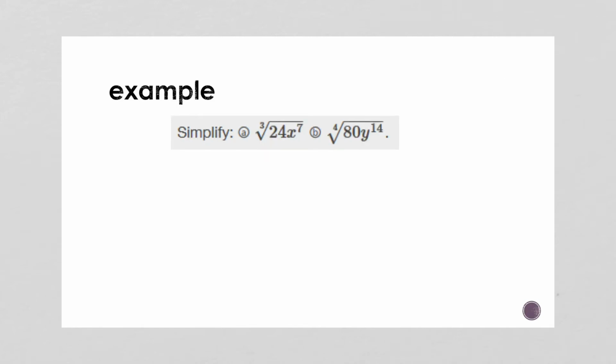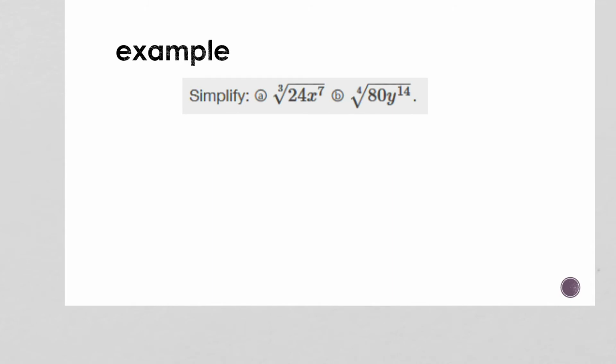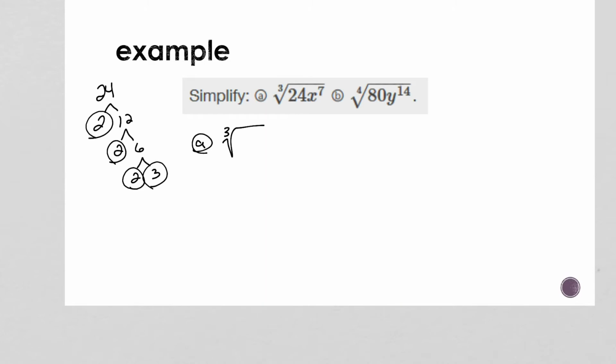Here, I strongly recommend that you just make factor trees out of these. So 24 can be written as 2 times 12. 2 is prime, 2 times 6, and then 2 times 3. Okay, and let's see here. So on part A, I have the third root of 2 to the third power times the third root of 3 times, don't forget your x's here, x to the sixth power times the third root of x, right?